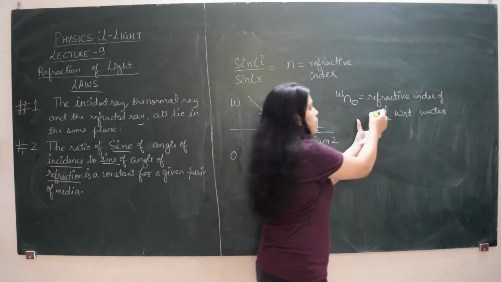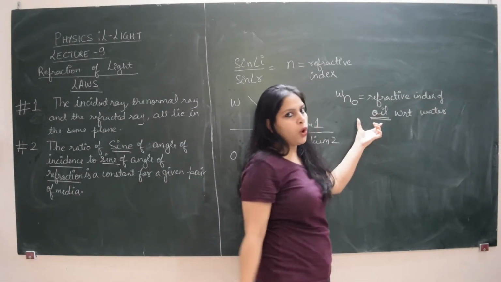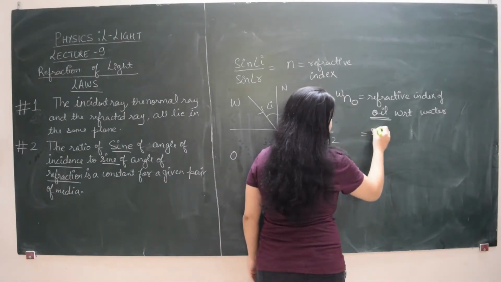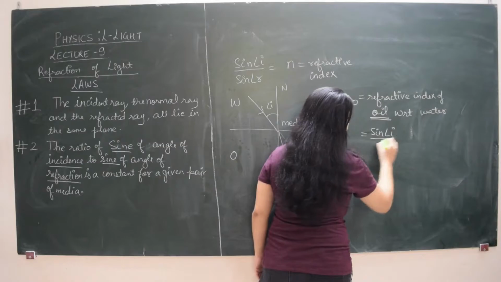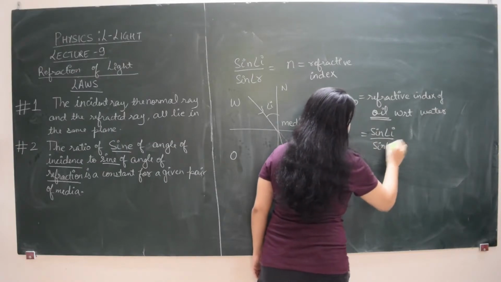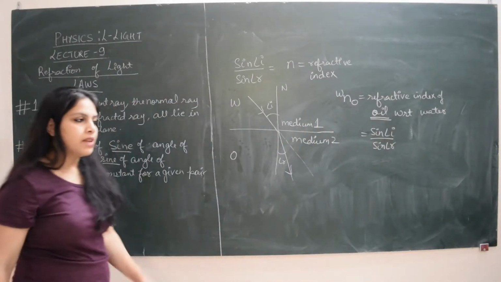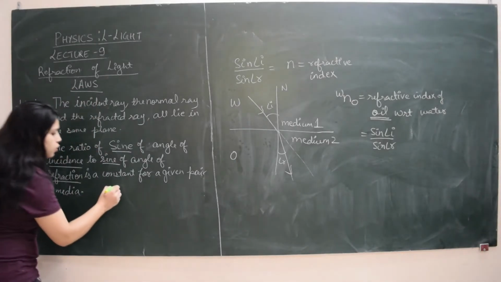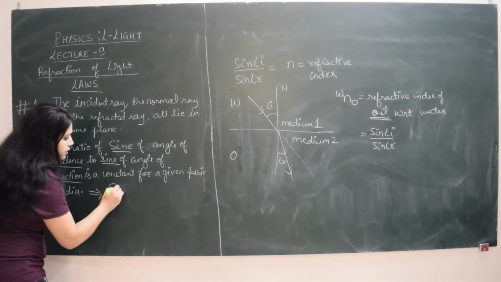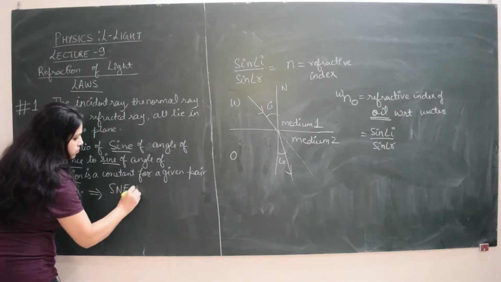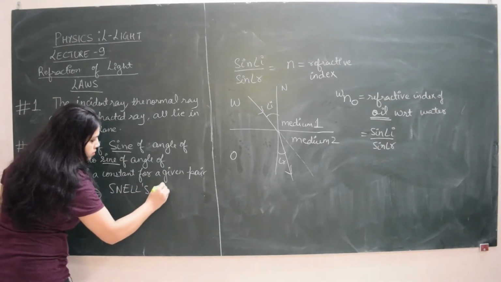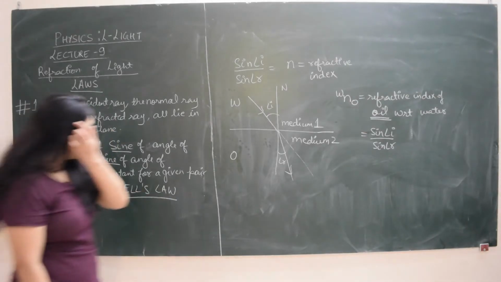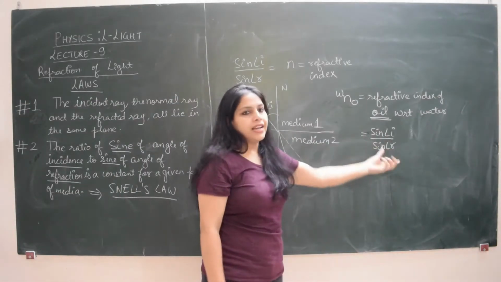Ultimately, you have to understand we are finding out the refractive index of oil. And this basically is sin I upon sin R, as the second law suggested. The second law is also known as Snell's law. So this constant is sin I by sin R.